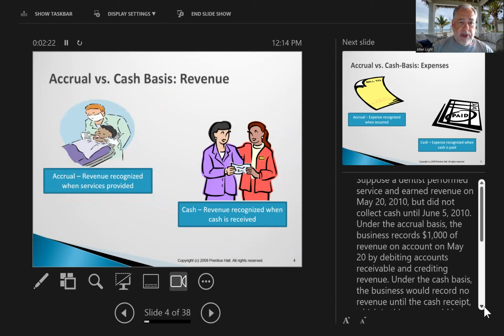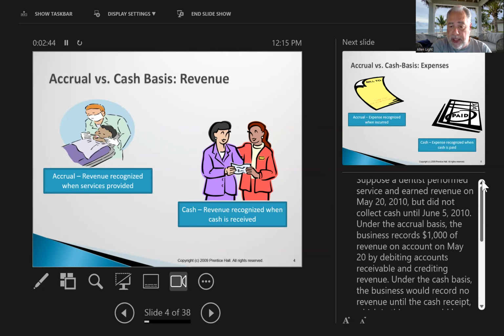So, accrual versus cash, specifically with respect to revenue. Suppose a dentist performs a service and earns revenue on May 20th, 2023, but did not collect cash until June 5th.